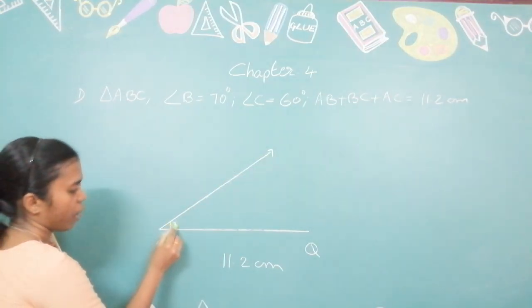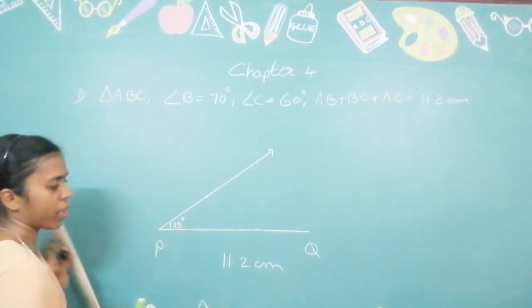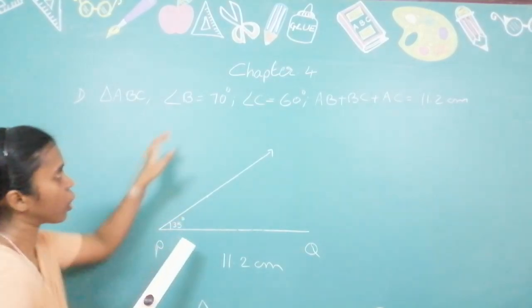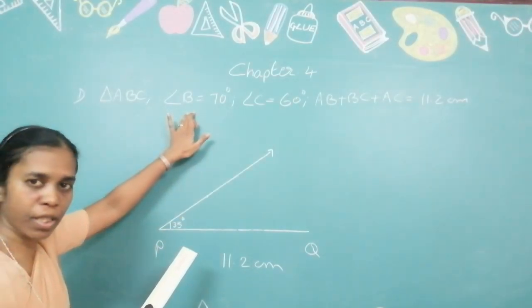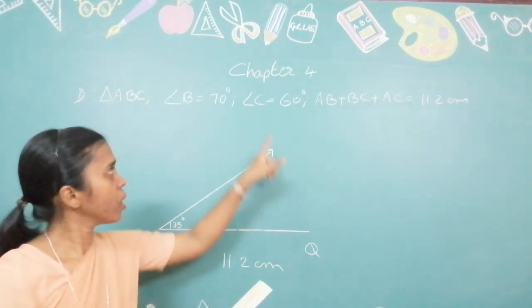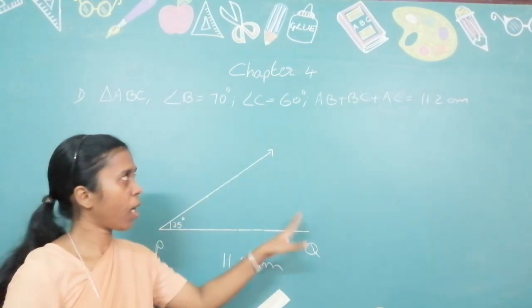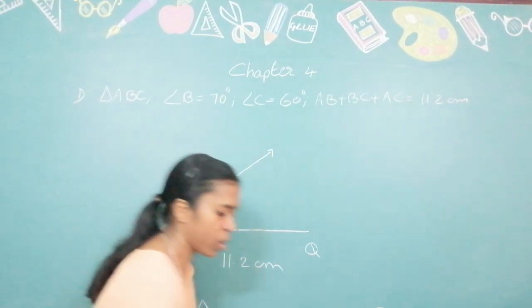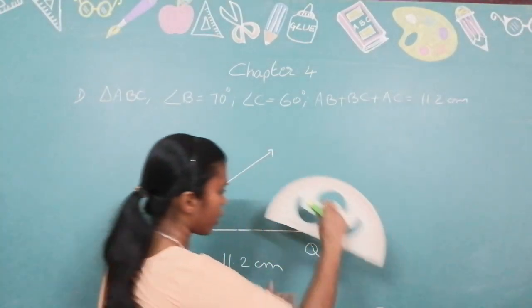P is 35 degree. Why did we take 35 degree for P? Because B is 70. Similarly for Q, C is 60 degree, so you take half of it for Q. How much will you get there? 30 degree.